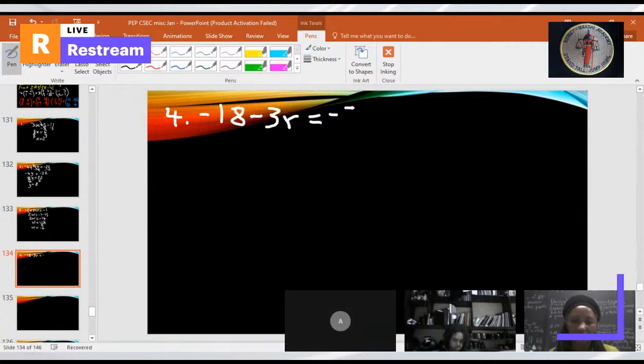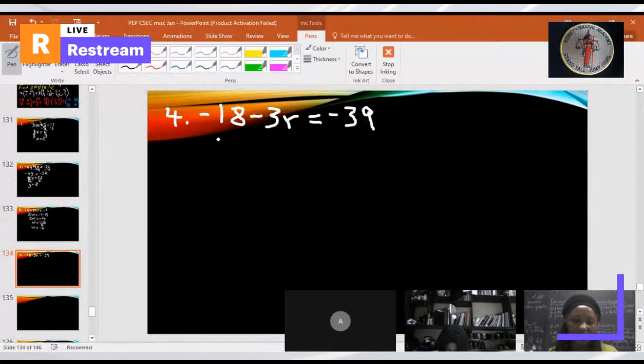Okay, Miss. So we're going to bring over the negative 18 as positive 18. So you remove the negative 18 from the left and bring it over here. It's going to become a positive 18, which is what we're really doing, adding 18 to both sides. So that would have canceled and we're going to add 18.